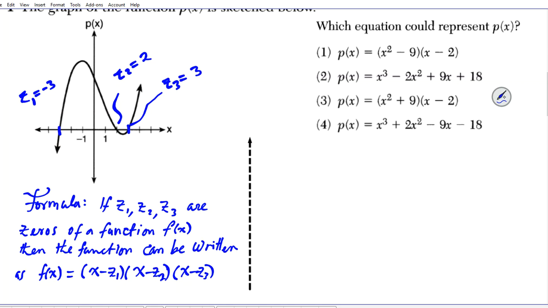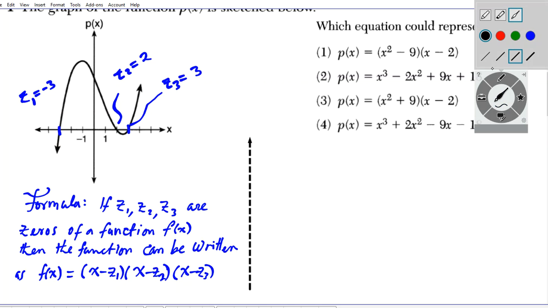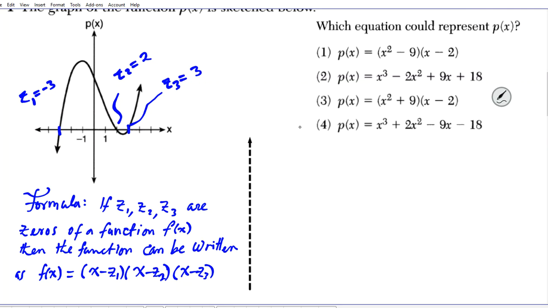Okay, so from the graph, let's write that down. From the graph, the zeros, or you can also refer to them as the roots of the equation.